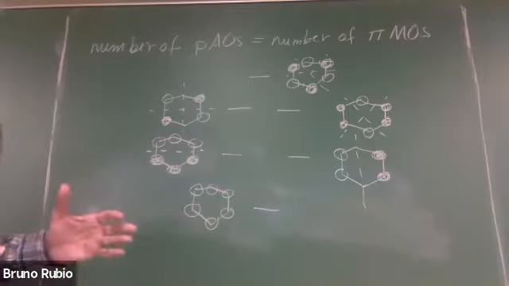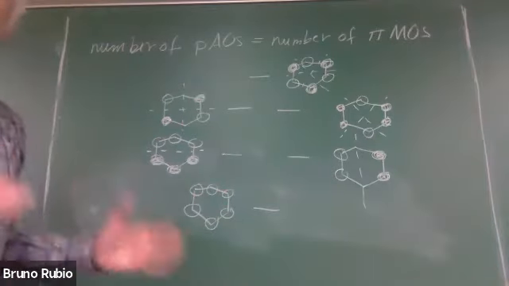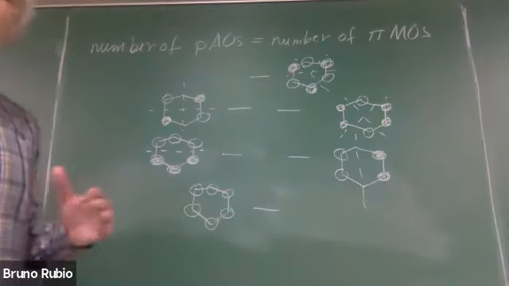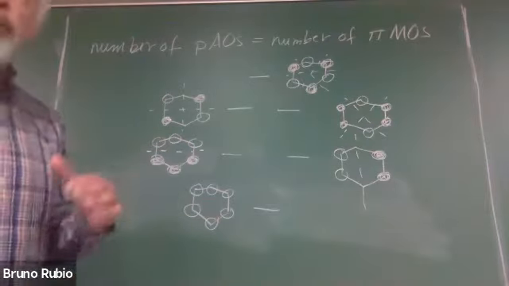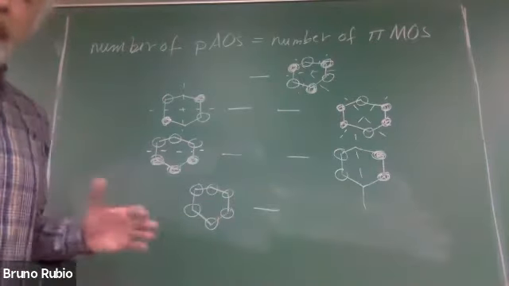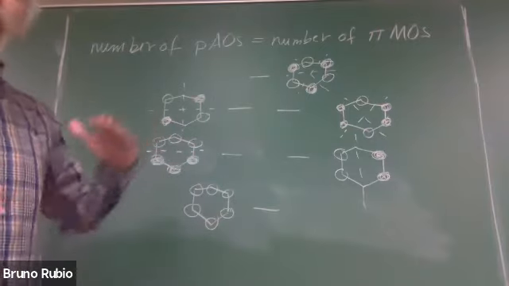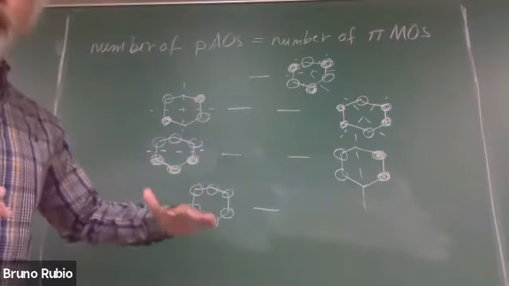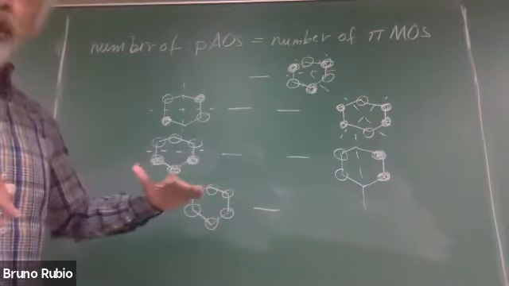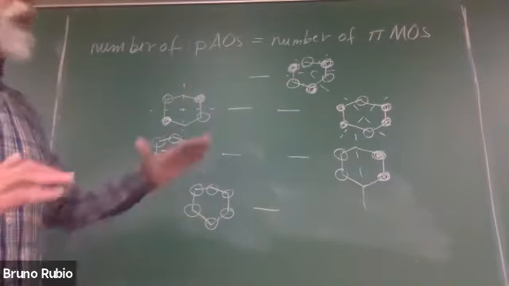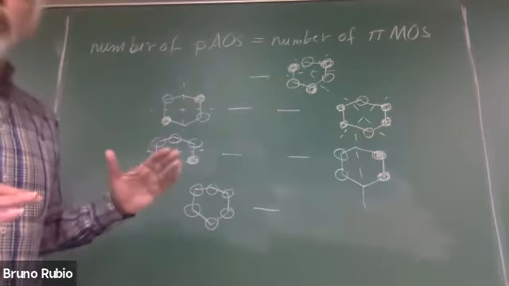And we feed in electrons in accord with the Aufbau principle, Pauli exclusion, and Hund's rule. So maybe you remember all this stuff from Gen Chem. What does Aufbau principle say? Electrons occupy orbitals in order of energy, low to high. What does Pauli exclusion say?